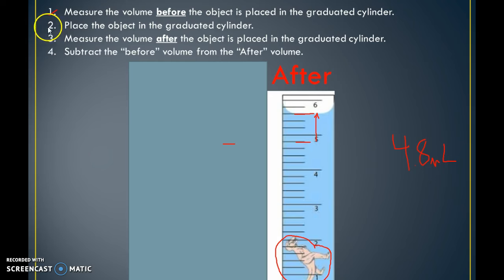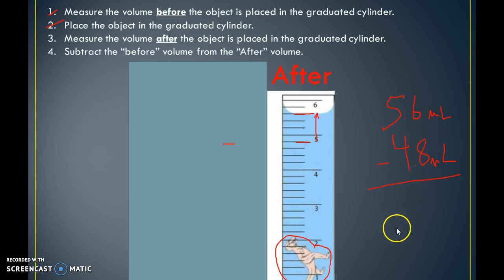It says place the object in the graduated cylinder, done, and then it says measure the volume after the object is placed. So I have 5, 5.2, 5.4, 5.6. So I'm going to write 5.6 above, and that's in milliliters. And then I'm going to subtract the difference there to find out how much volume there is between 4.8 and 5.6.